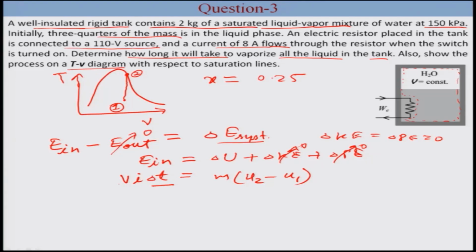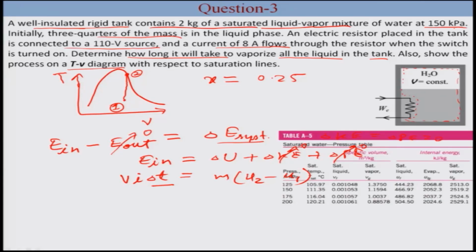Initially it is given that the initial pressure is 150 kilopascal. So corresponding internal energy can be calculated as U1 equal to Uf plus x times Ufg. It is given here, Uf is here, and Ufg is nothing but Ug minus Uf.